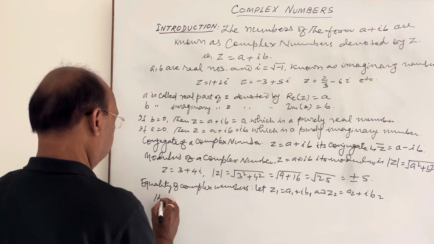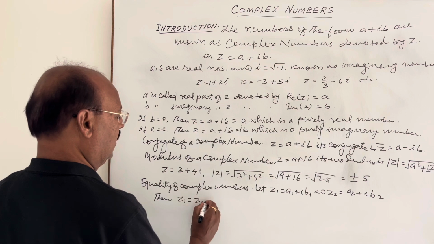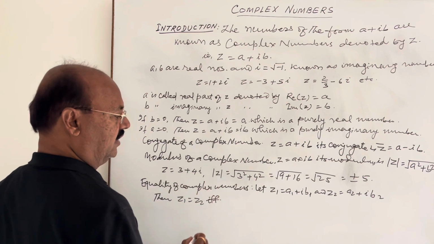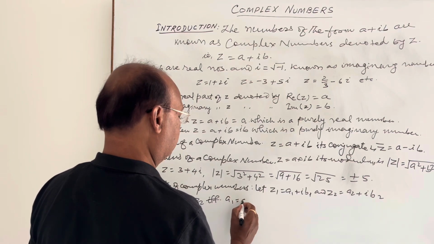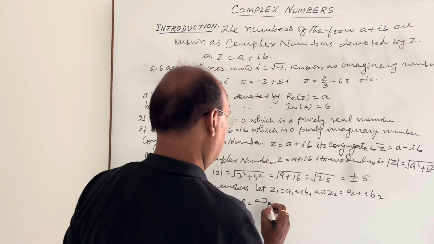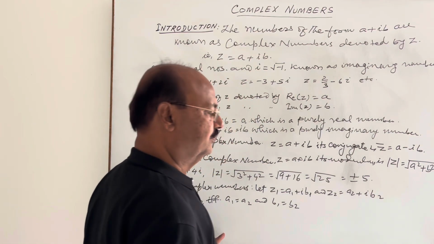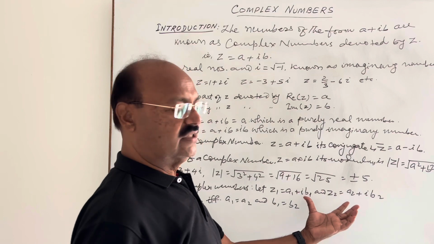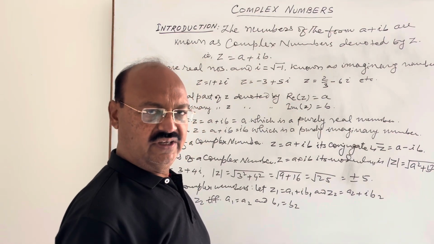Then these two complex numbers z1 and z2 are equal if and only if both real parts are equal, a1 is equal to a2, and both imaginary parts are equal, b1 is equal to b2. Then these two complex numbers are known as equal complex numbers. Correct?